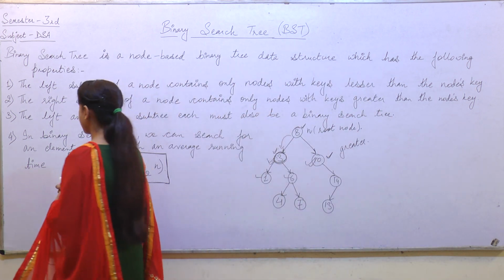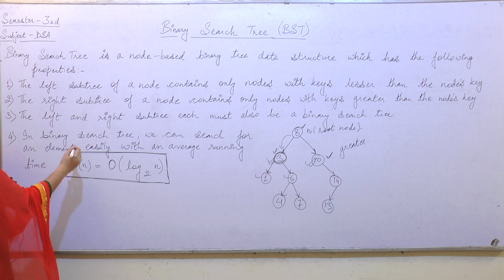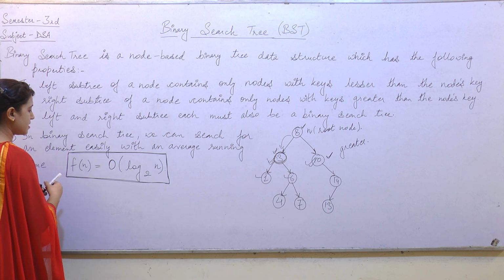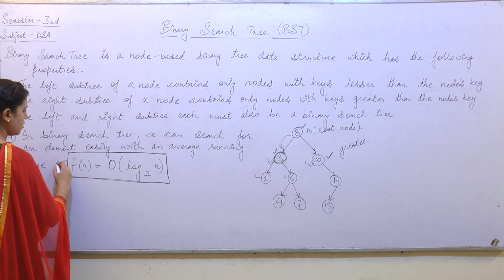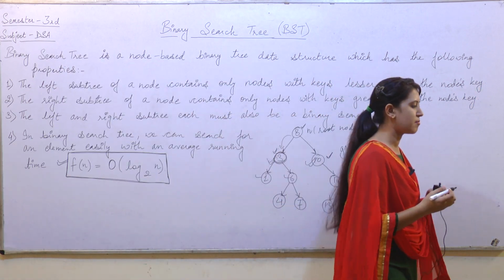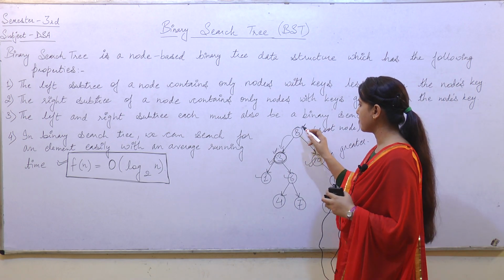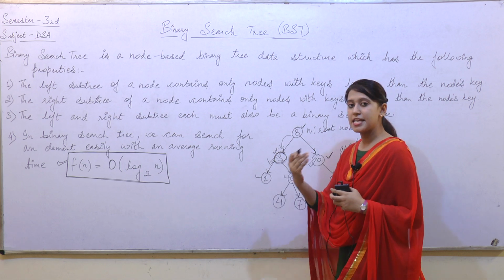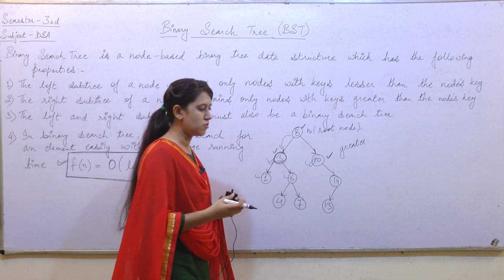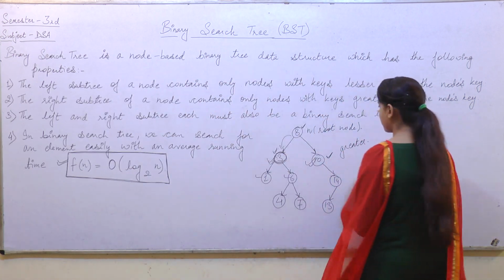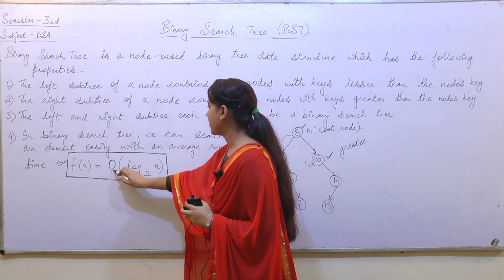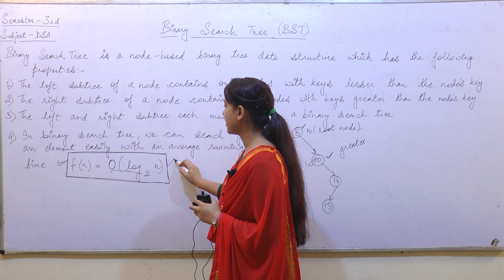Now the most important thing to note is that in a binary search tree we can search for an element easily with an average running time. This is the formula we use for calculating the average running time of our binary search tree. When we are given any binary search tree, we can easily search for a particular node, insert a particular node or traverse a particular node in O(log base 2 n) time.